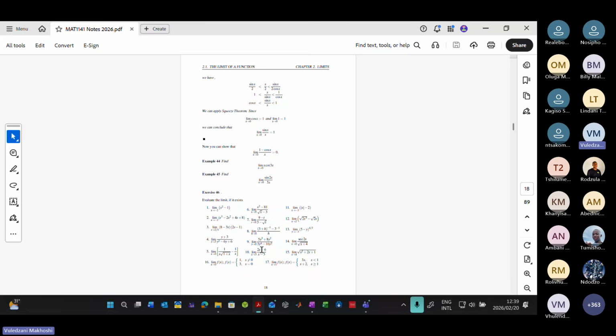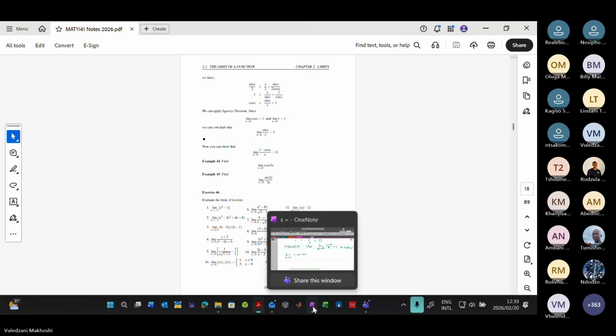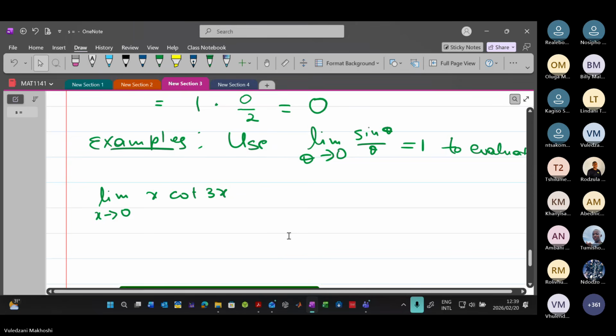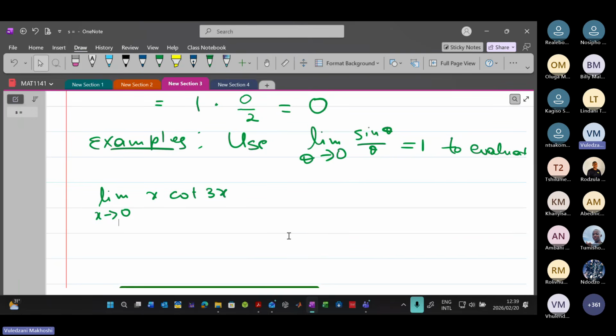Yes, x cot 3x when x is approaching 0. The first thing again is to observe that 0 is not in the domain of our function, because if you speak of the cotangent of 0, cotangent is the cosine divided by sine, and the sine of 0 is 0, so we'll be forced to divide by 0.